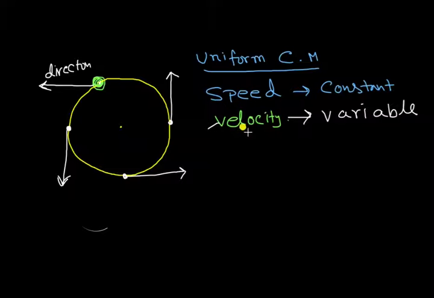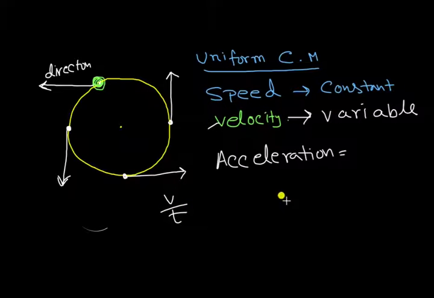Now, as the velocity is variable, what will be the acceleration? This is also variable. The motion will be accelerated, right? Because acceleration, we know, is change in velocity by time. So acceleration is variable and the motion will be accelerated.